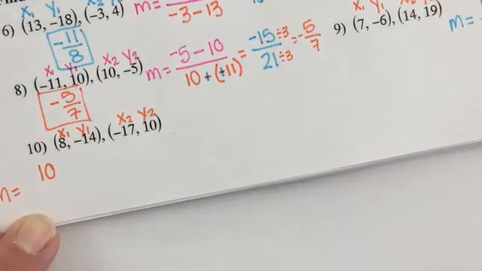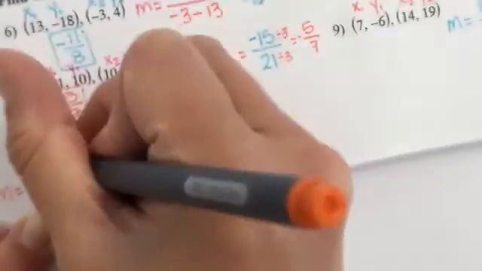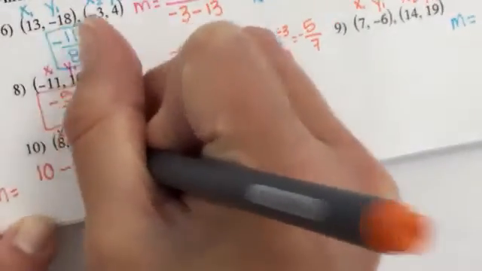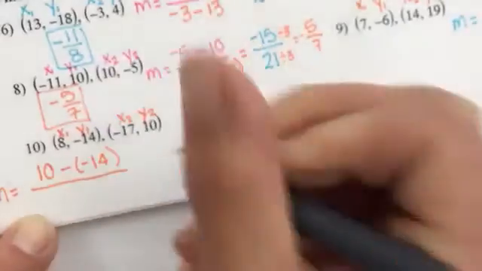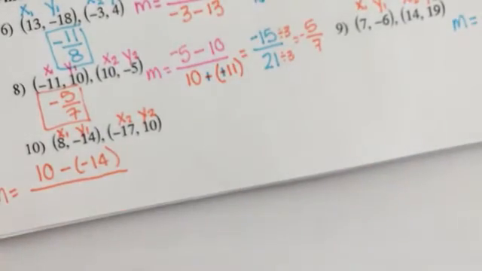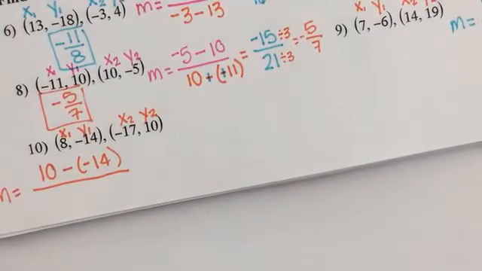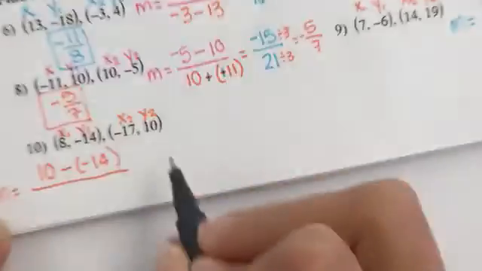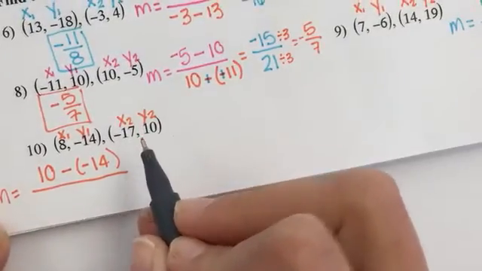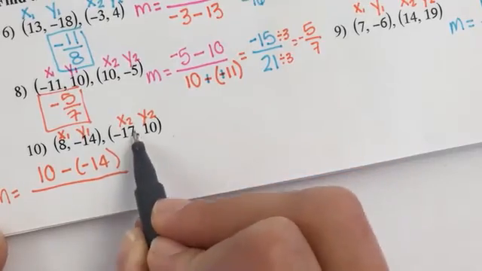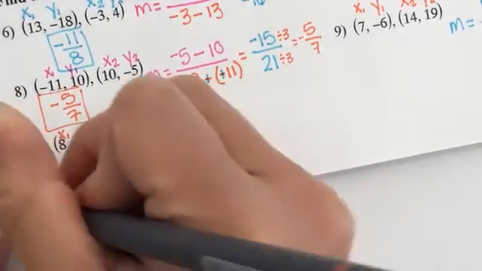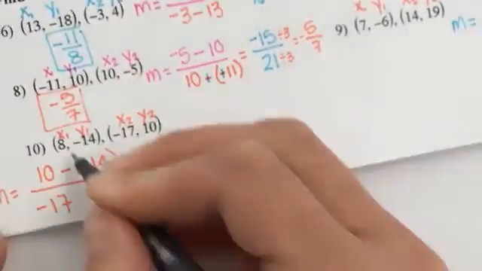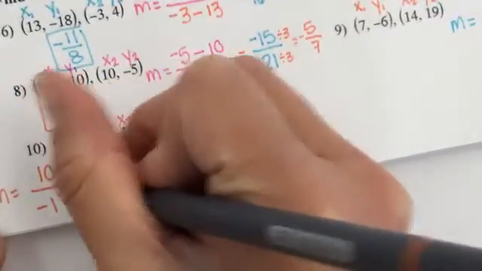Negative 14. So you subtract a negative 14 on the bottom. Owen, what is my X2? My X2 is negative 17. And then my X1 is 8.